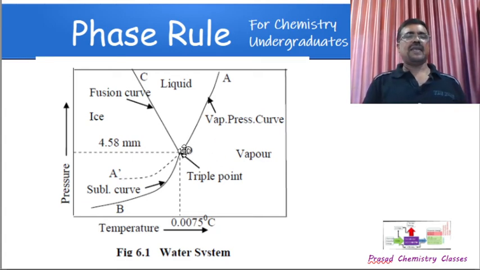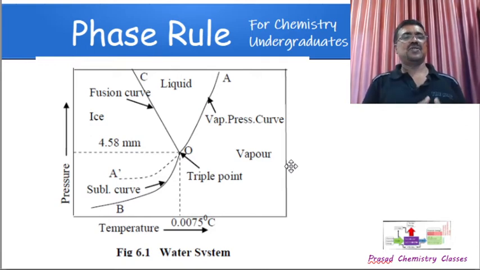Okay. Similarly, what does the curve OB represent? It is the sublimation curve of ice, where we have solid ice in equilibrium with water vapor. Ice under low temperature, below the melting point, can vaporize directly to some extent, even though the vapor pressure will be low.